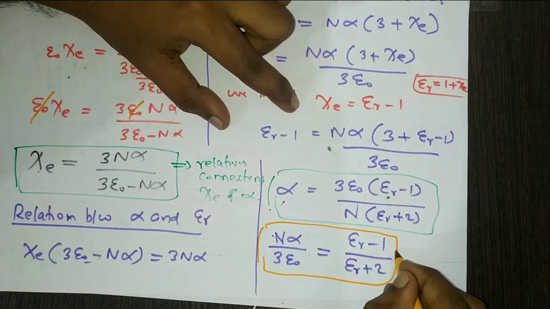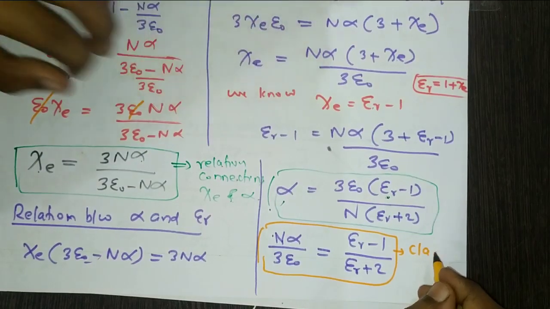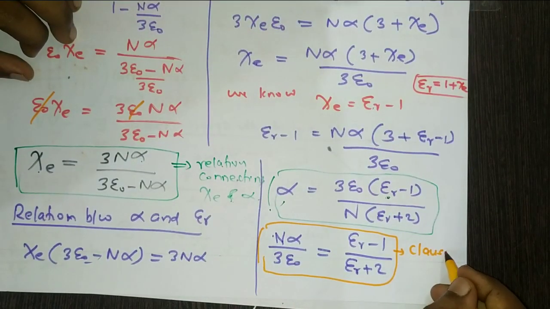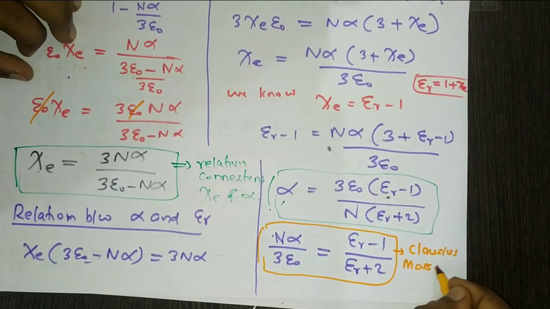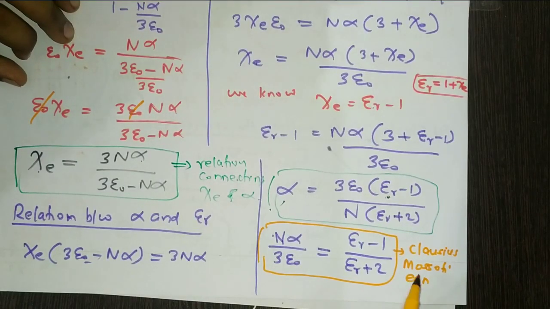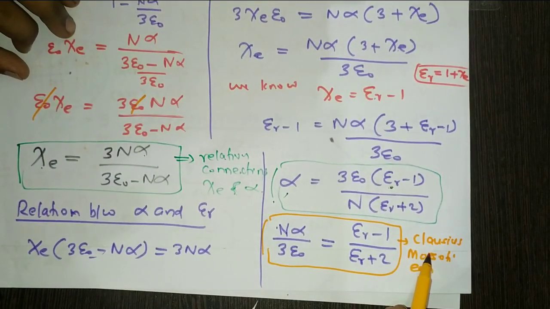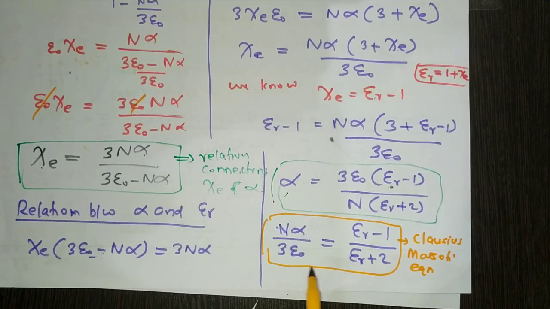This is the Clausius-Mossotti equation. Okay, this Clausius-Mossotti equation connects alpha and epsilon r. This is the end of this unit. Thank you very much.